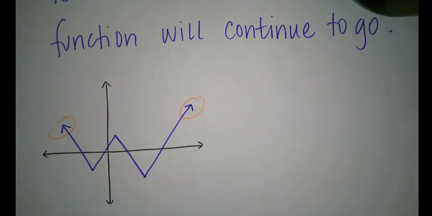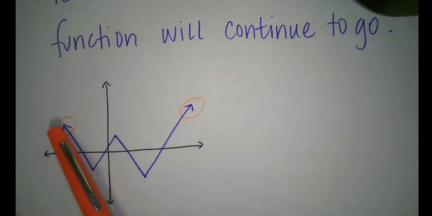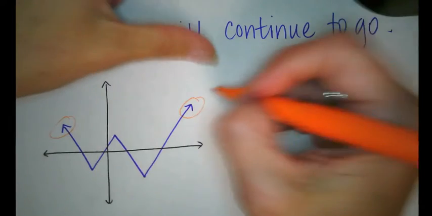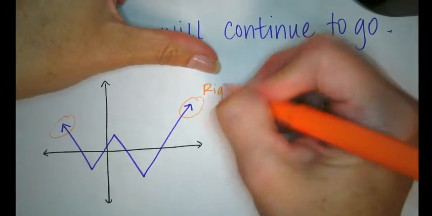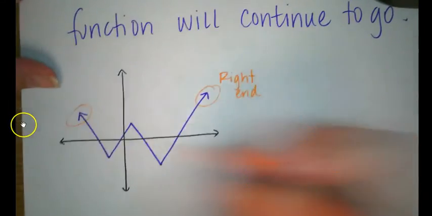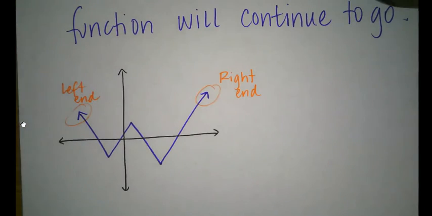And we can see that there are arrows on the ends. So we know that this function is going to continue to go in this direction, and this function is going to continue to go in this direction. So this is the right end, just because it's on the right side. This arrow is at the left end, and that is just because it's on the left side.